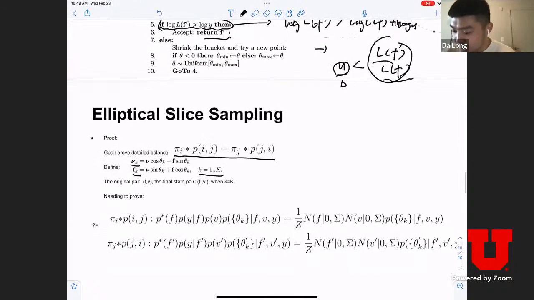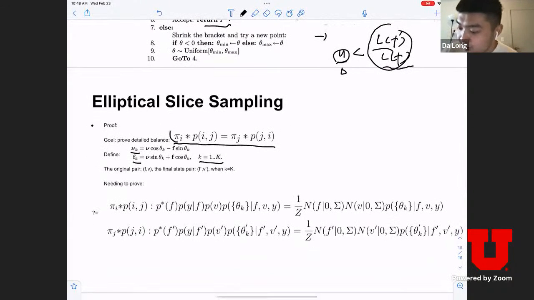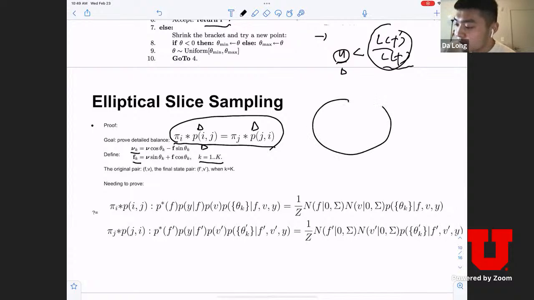To prove the detailed balance is correct, you can think of the two terms as two procedures. Let's assume this is the current sample and this is the weight, and our last sample is here. This is the sample we get, and this is the weight defined by this one.